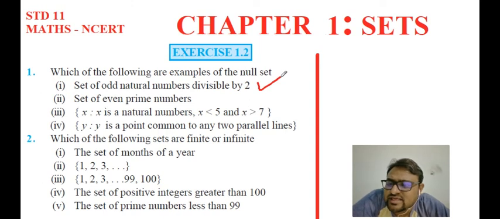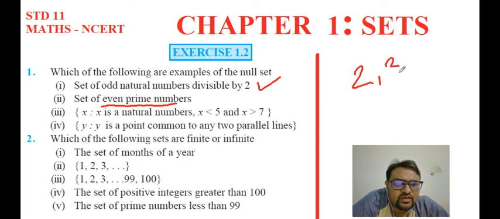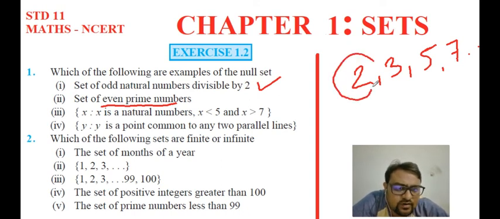Now the second one: set of even prime numbers. Prime numbers are 2, 3, 5, 7, and so on. Out of all the prime numbers, we have one prime number, that is 2, which is even.